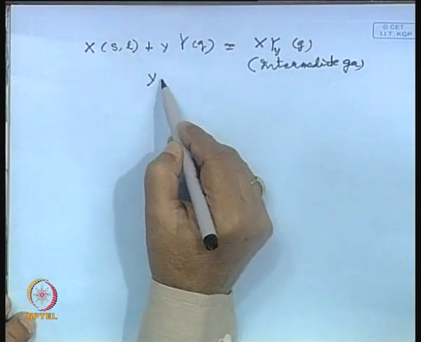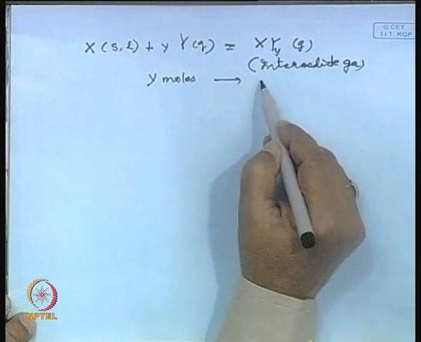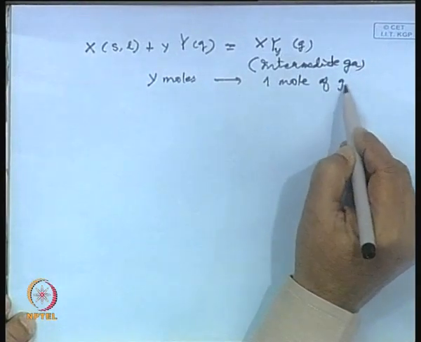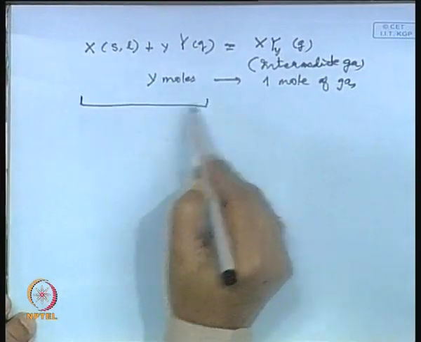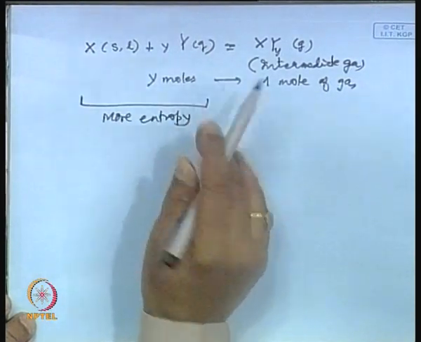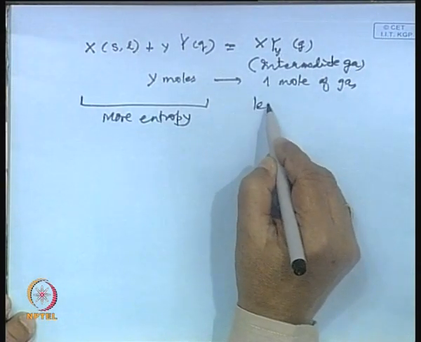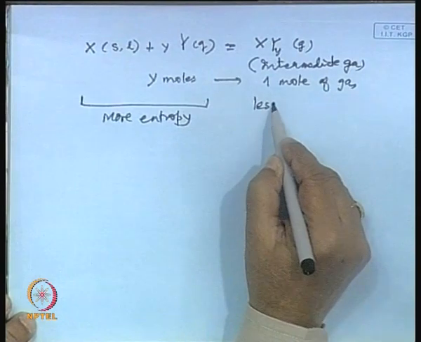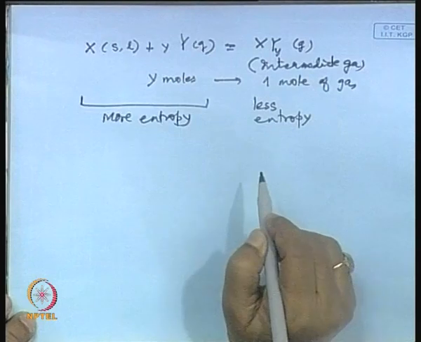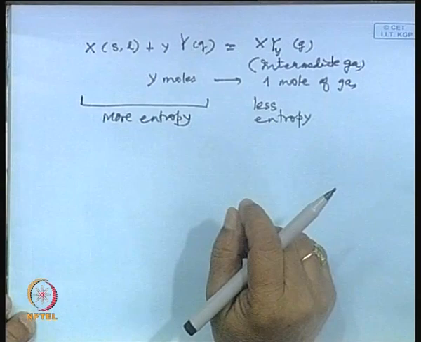Now, there are y moles of gas giving only 1 mole of gas. On this side, we have more entropy, because the gas is disappearing in the reaction and creating less gas, we have less entropy. So, we have an entropy change in this, which is negative.